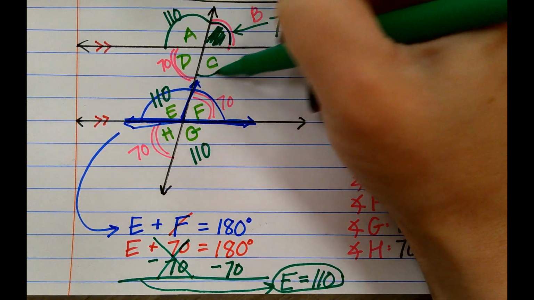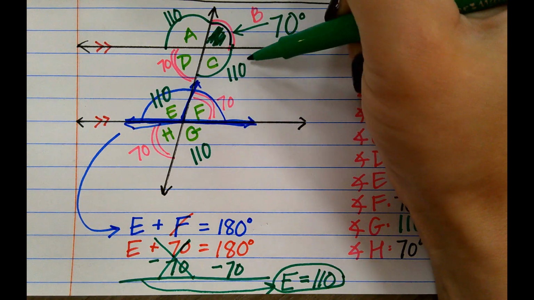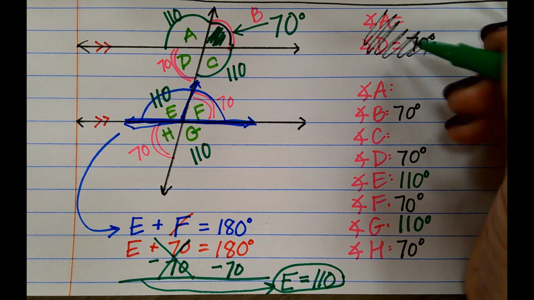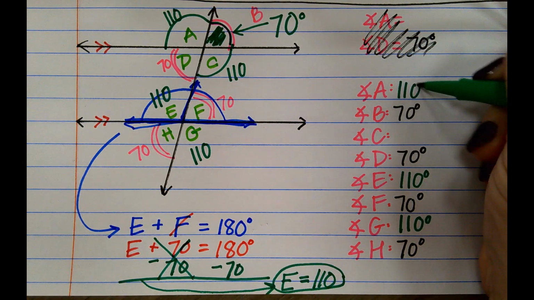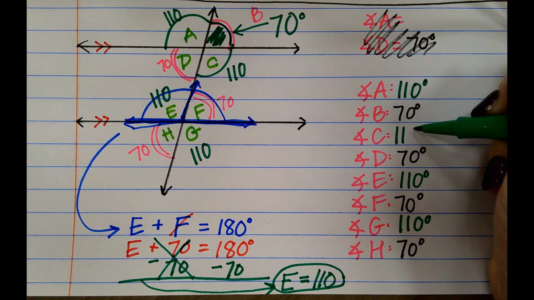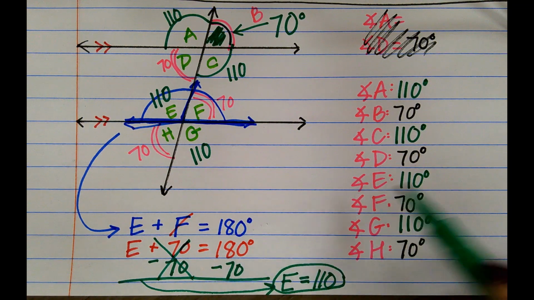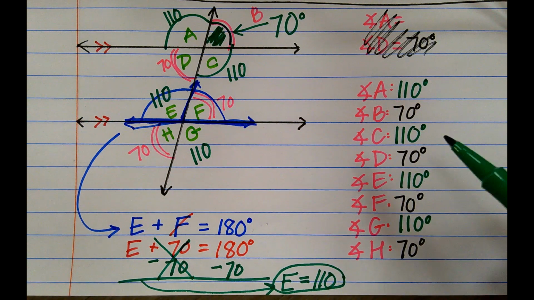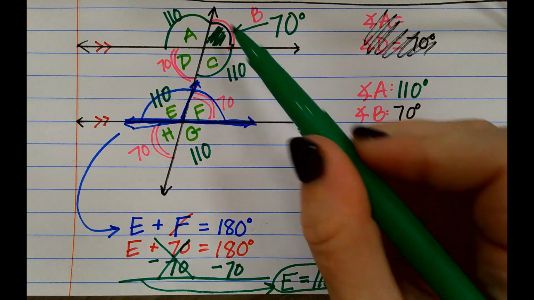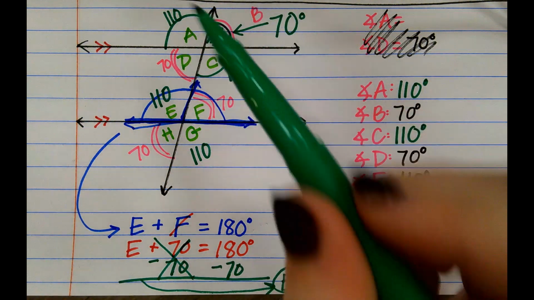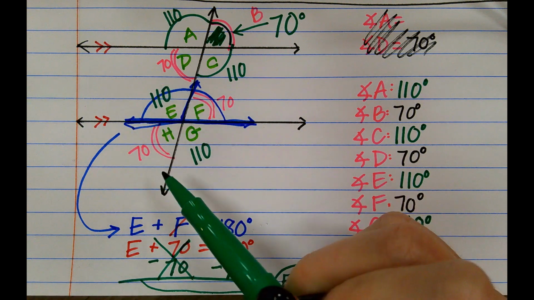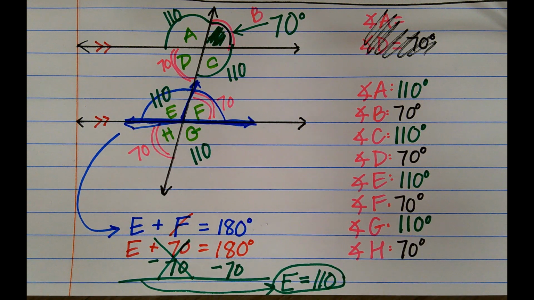Good. And why are those also 110? Yes, exactly. These are parallel lines going through, there's a transversal going through them at the same angle. So all of these angles should be corresponding to all of those angles. They're going to be the same, exactly the same.